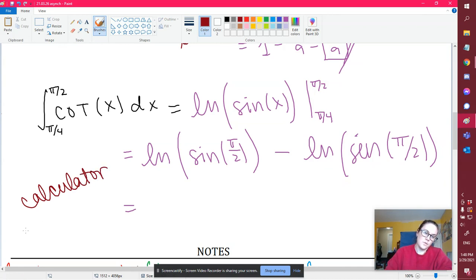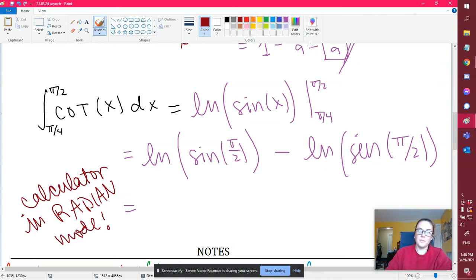Calculator in radian mode. Let me just plug this in, right? I'm going to plug in natural log of sine of pi over 2 minus natural log of sine of pi over 4.